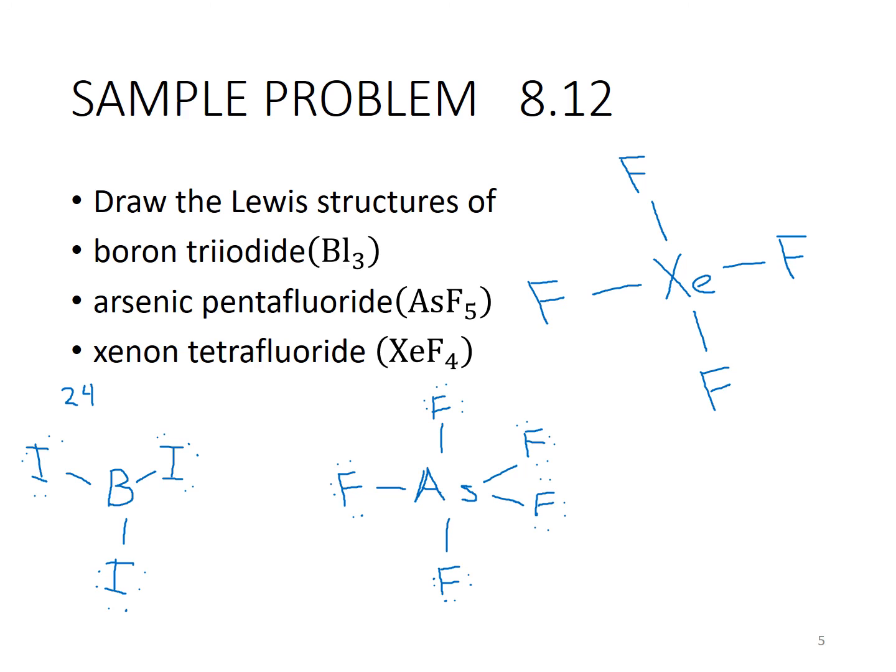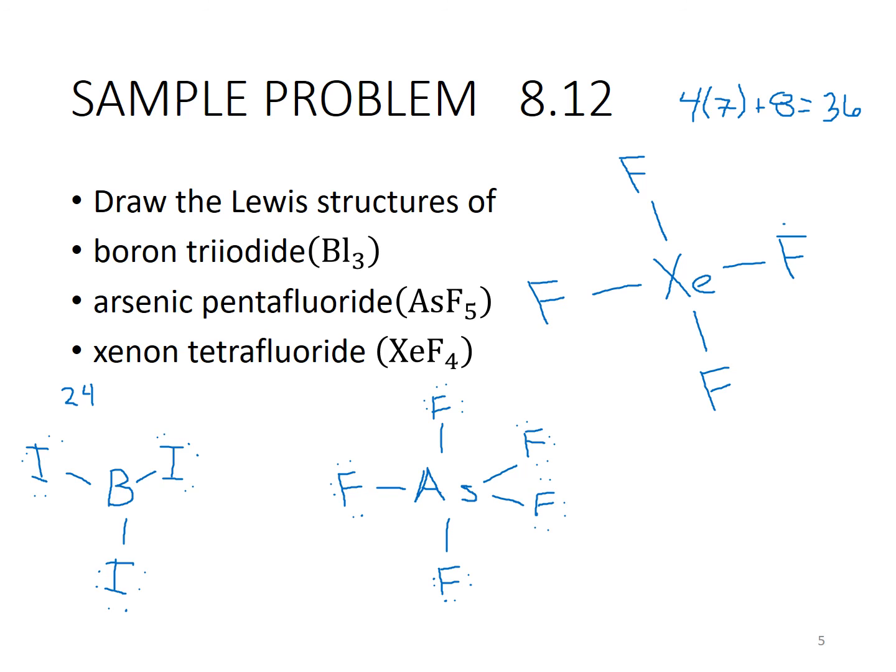Fluorine is going to have 7, and there are 4 of those, right? So 4 times 7 gets us 28, plus 8 should get us 36 electrons.